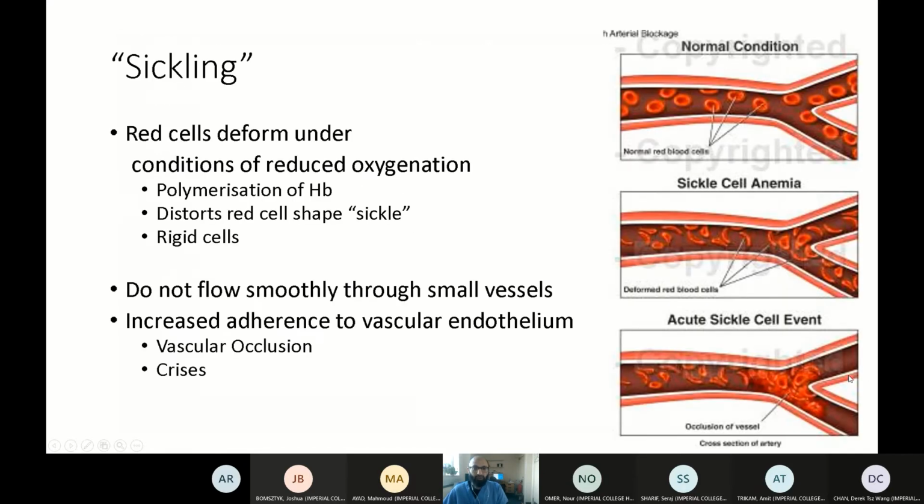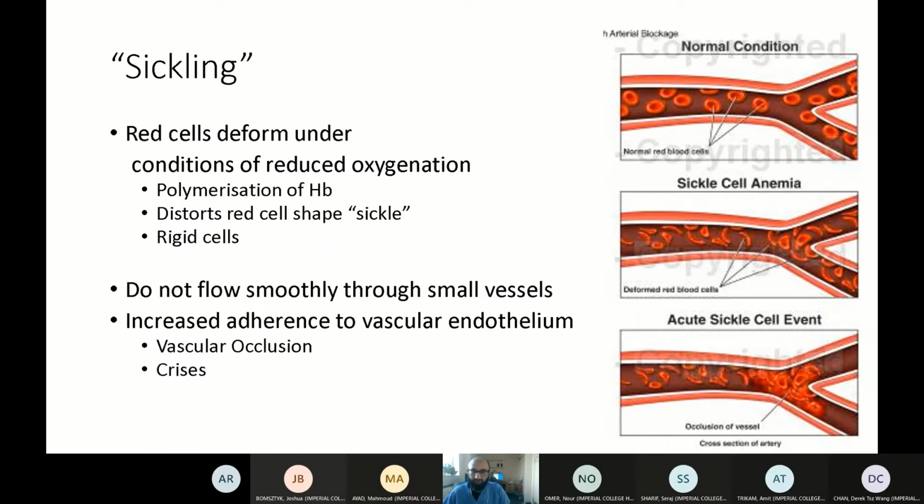Okay, so moving on to the pathophysiology. This is just a clinical overview of the events which lead to the clinical manifestations in sickle cell disease. We all know that the main feature leading to the clinical manifestations is that, due to polymerization of hemoglobin S, the red cells get distorted. The red cells get stretched by the long chains of polymerized hemoglobin S and distorted into these sickle cell shapes.